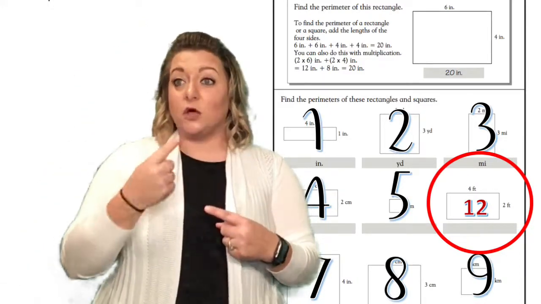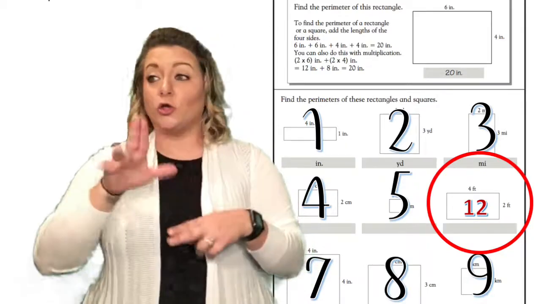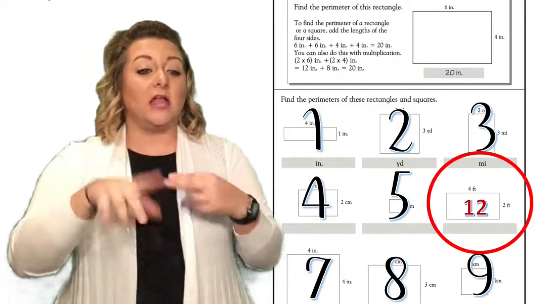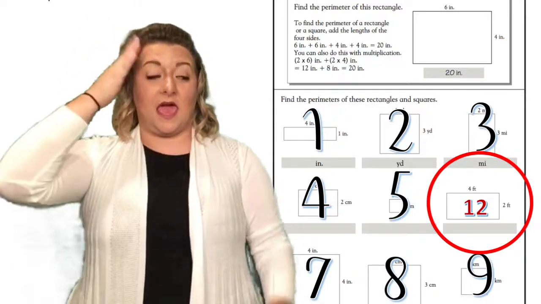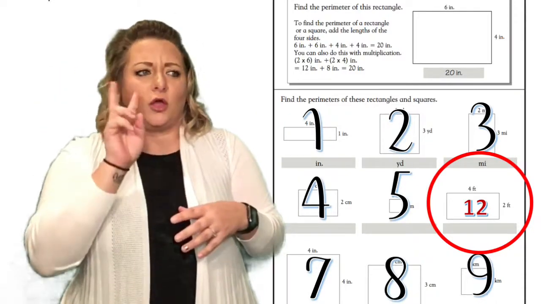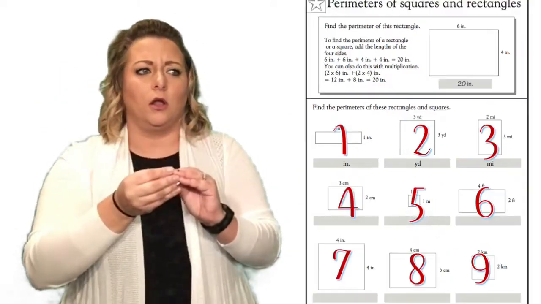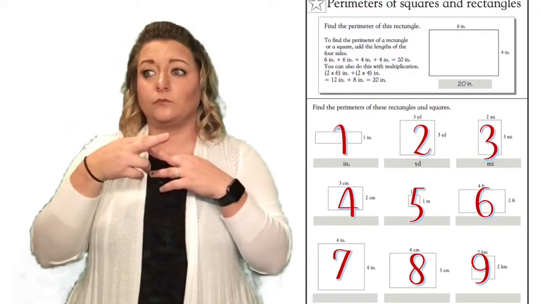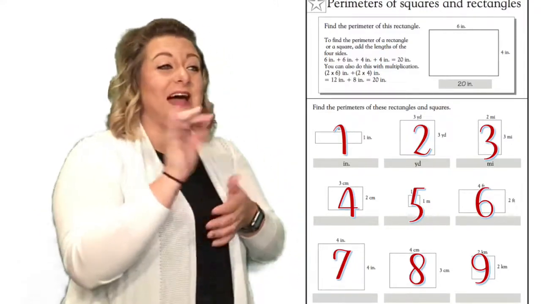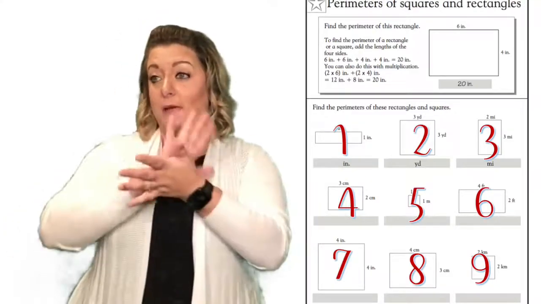So when I tell you to come up here, I'm going to call your names, and one at a time, you're going to come to the front of the room, and you're going to pick a number from the hat. That number is, where do you look? Look for that number. Around the room? No. You look back to your paper and find that problem on your paper.